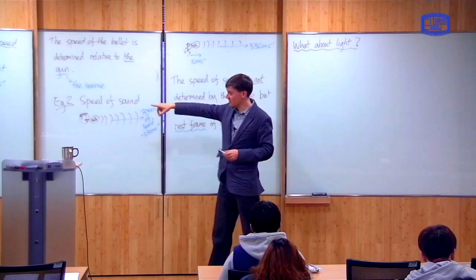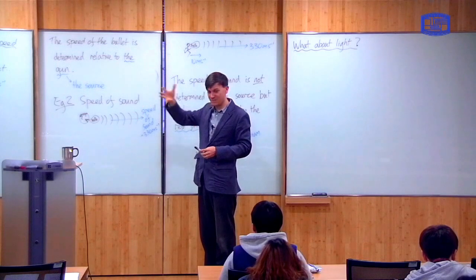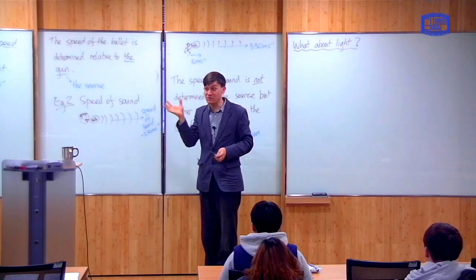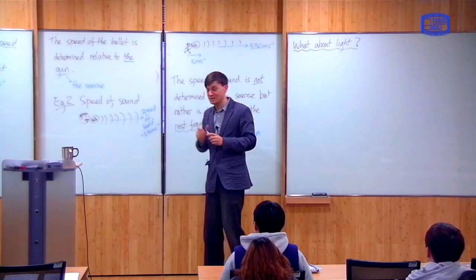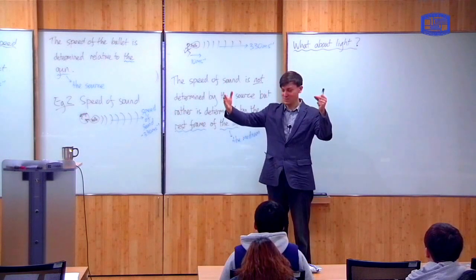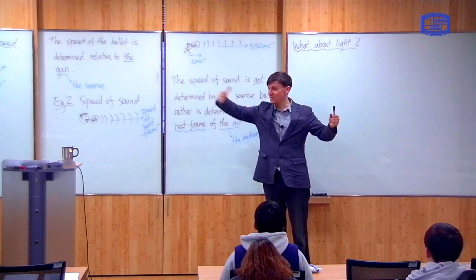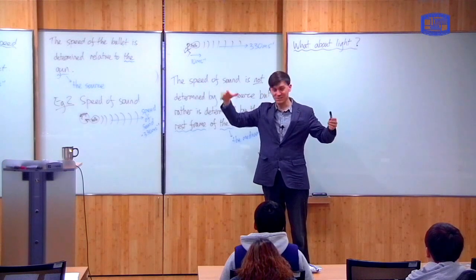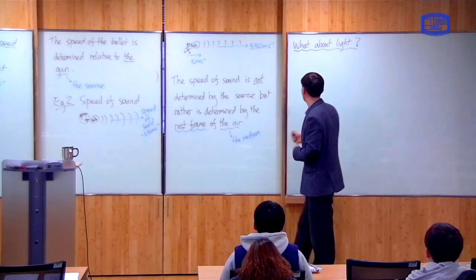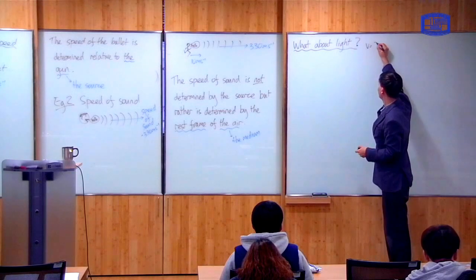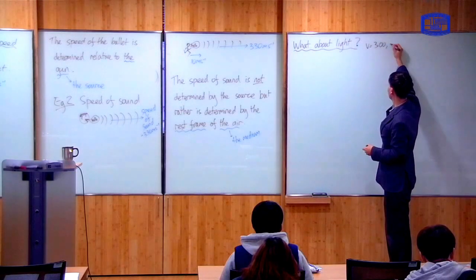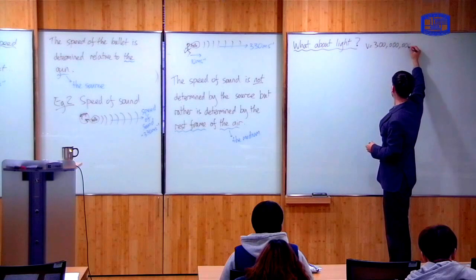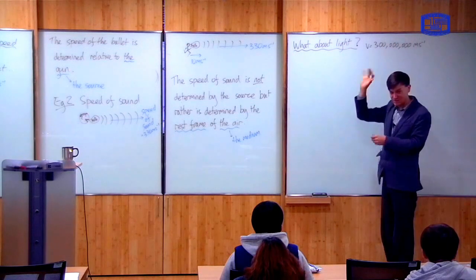In the case of a gun, because the speed is about 100 meters per second, it's not too difficult to do that test. You just measure the time it takes for the bullet to move from here to over there. Speed is distance divided by time. But the speed of light is 300 million meters per second, give or take.